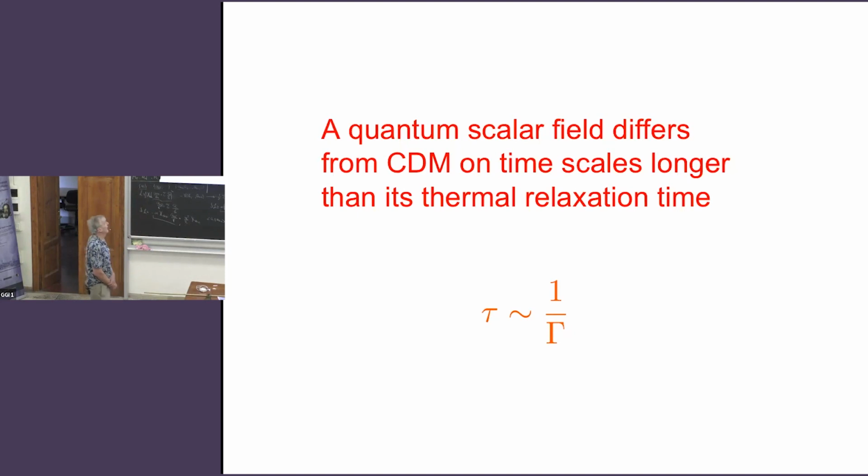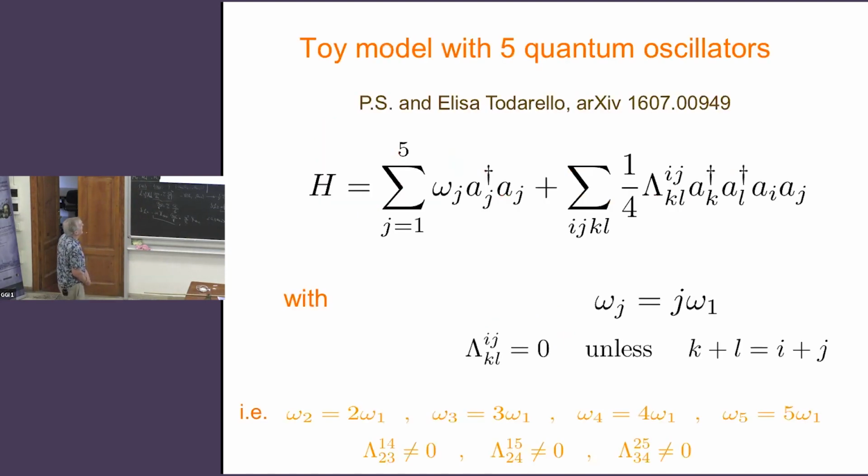Yes. Okay. So Elisa and I looked at 5 quantum oscillators, and they were, as you are emphasizing, interacting. So we had interactions between them, and they're described by this. For some technical reasons, we take the frequencies of the oscillators to be omega-1, omega-2 is twice omega-1, omega-3 is 3 times omega-1, and so forth, up to omega-5.